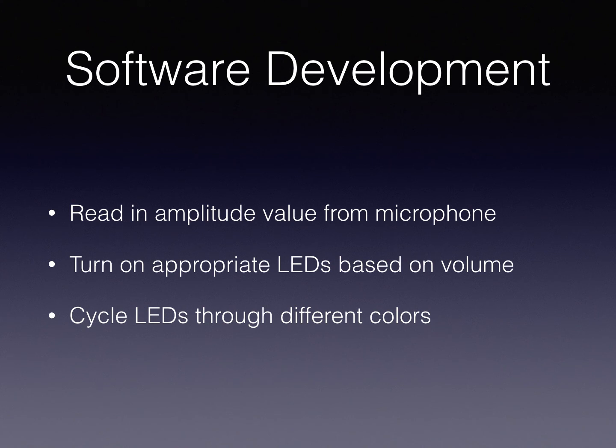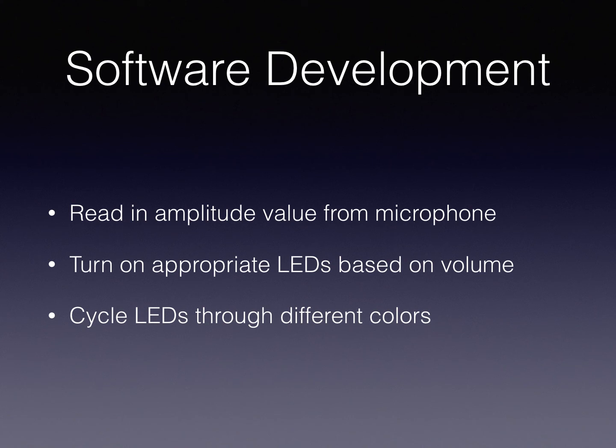It outputs a value between 0 and 255, and so I started from 0, and I said if the value is greater than 20 or so, I would set the bottom LEDs for each of the strips to be on. And then I would check if it was also greater than 40, I would set the next one to be on, and so on and so on. And that was how I turned on the appropriate LEDs based on that value.